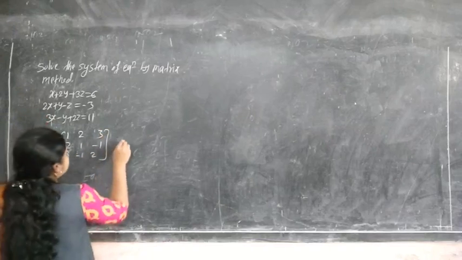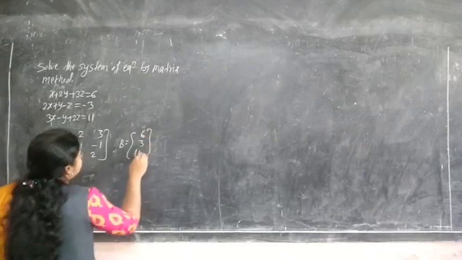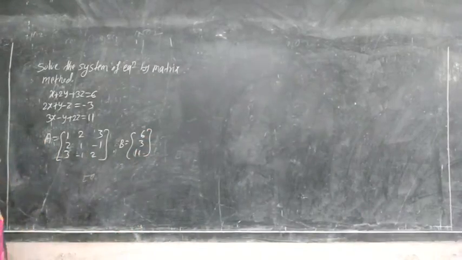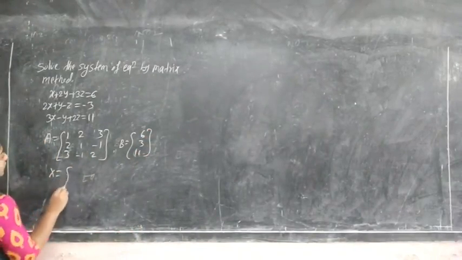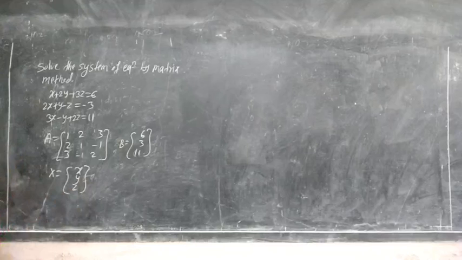Then write down the matrix B. What is the matrix B? 6, 3, 11, the constants. And the matrix X is nothing but the variables, the unknowns, that is x, y, z.